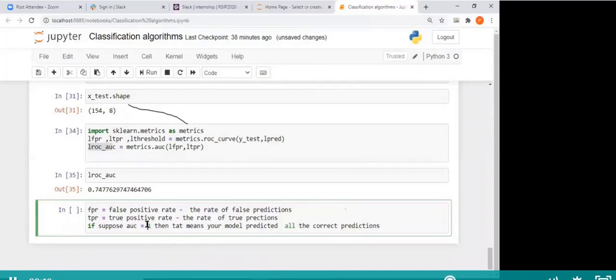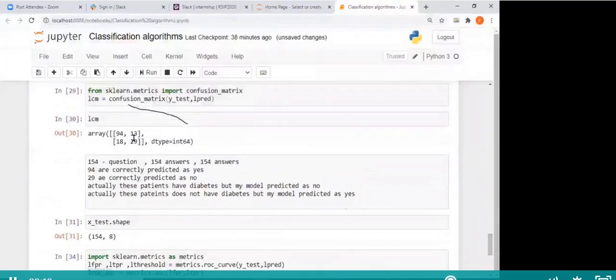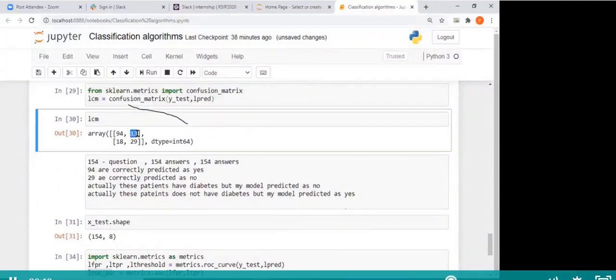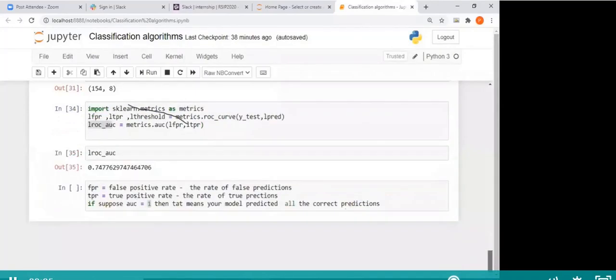At that time, these values, like here you have 13 and 18, right? Those will be 0. That means the wrong predictions will not be there at all.